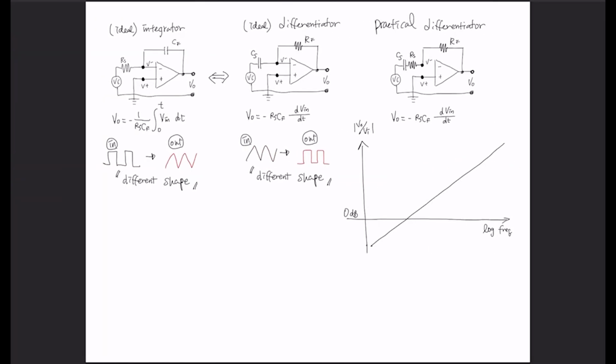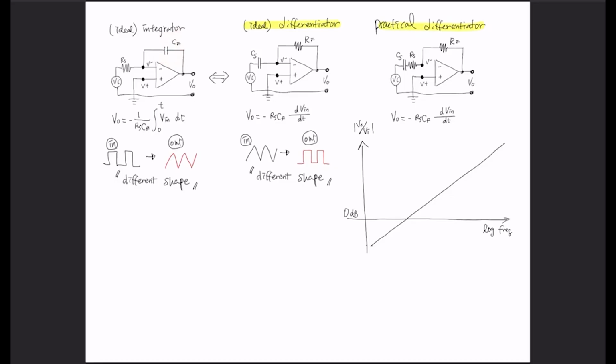Okay, next up is the differentiator. Ideal differentiator, and we have the practical one. So let's start from the integrator circuit. Like I said, it has the same topology as the inverting amplifier, but this part is changed to a capacitor.